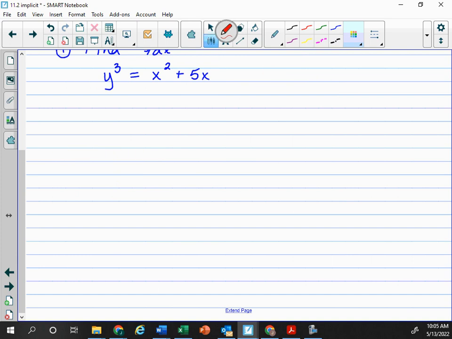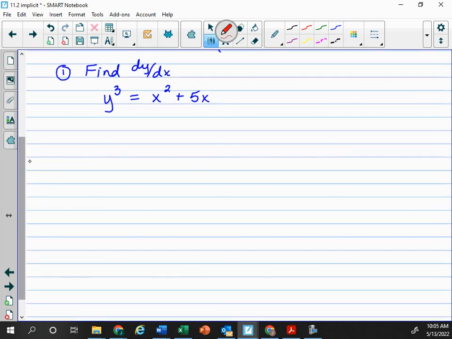We're going to use a lot of what you already know as far as power, product, quotient, all of those rules. So what would you think the derivative of y cubed is going to be? 3y squared. Okay, excellent start. What you have to put with this is dy dx.